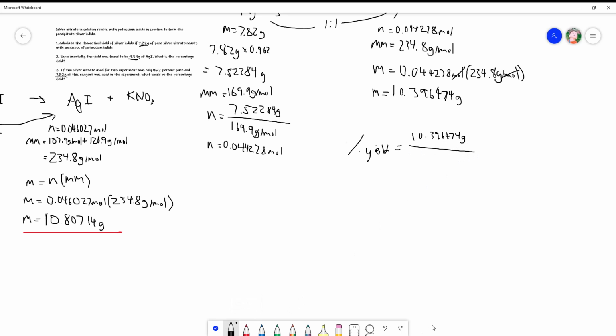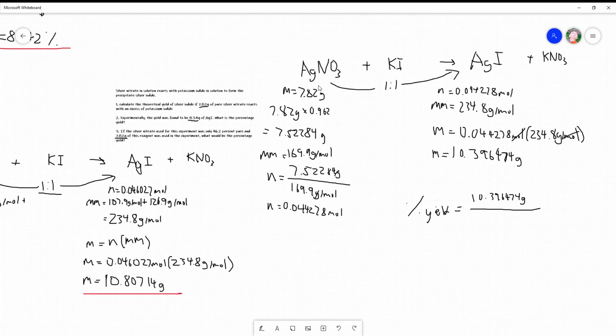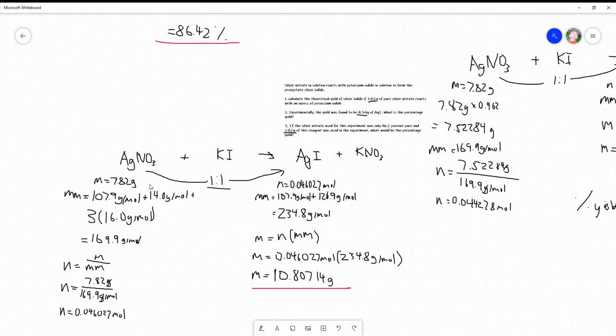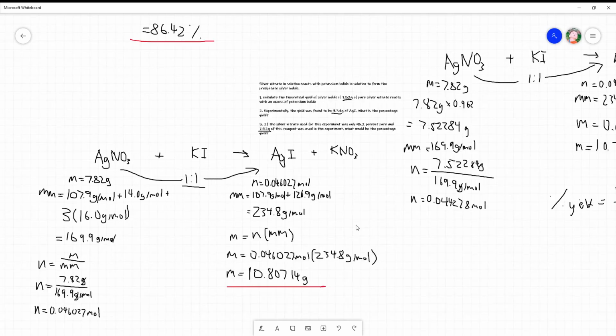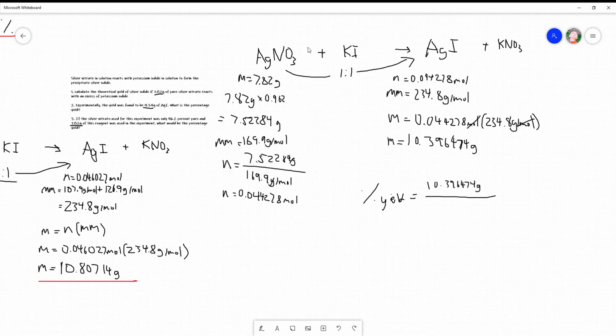And you may think we do not know the theoretical yield, but we actually do, because the amount of mass for silver nitrate is the exact same as the one from the first part. Therefore, the theoretical yield of this equation is the theoretical yield of the first part.